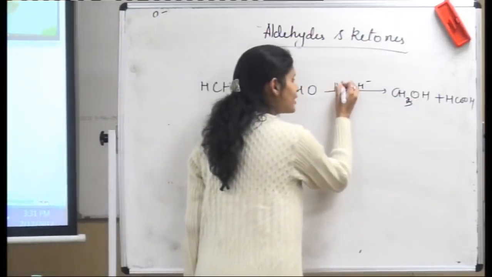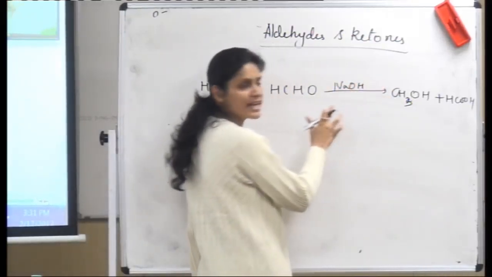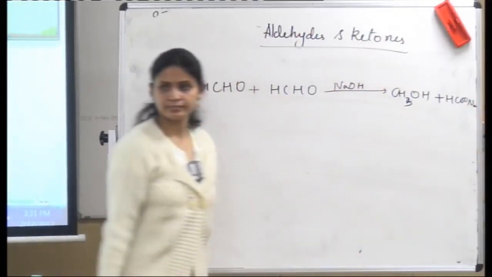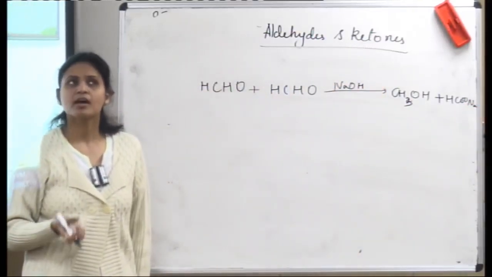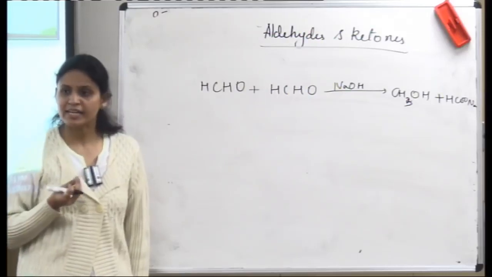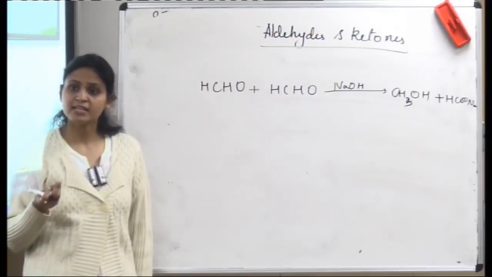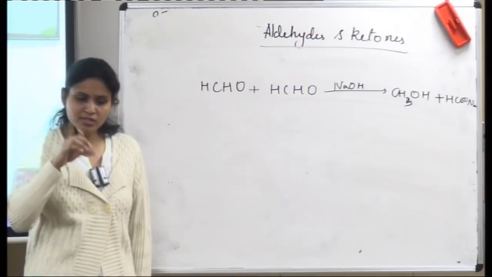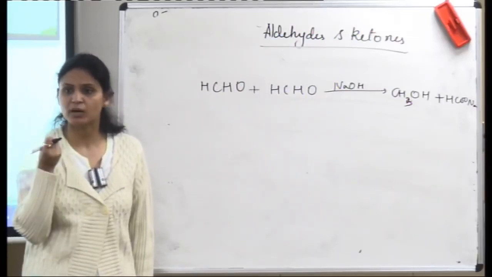If I am mentioning NaOH, I'll write this as HCOONa. These are the sodium salts. Whatever medicine we are eating, they are all salts of acids and bases, because a salt is something you can precipitate out.